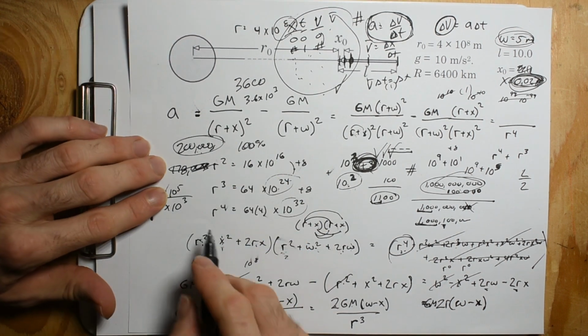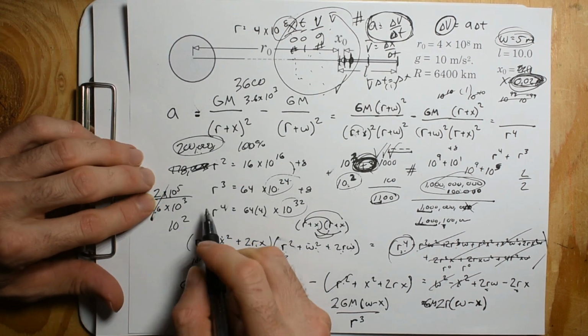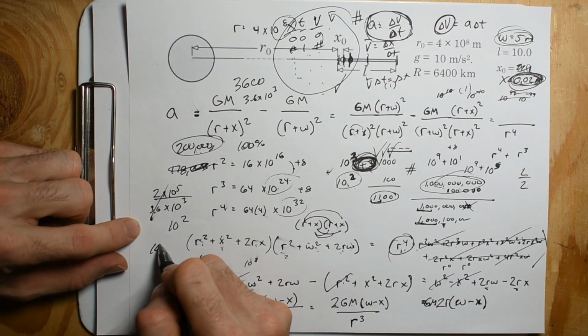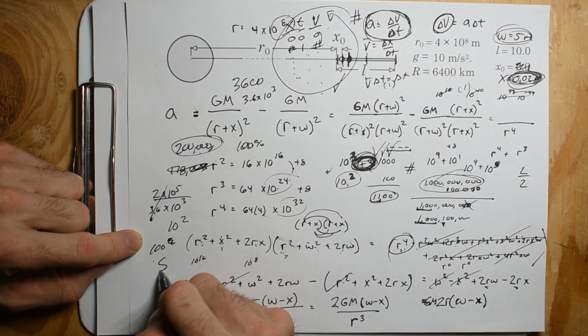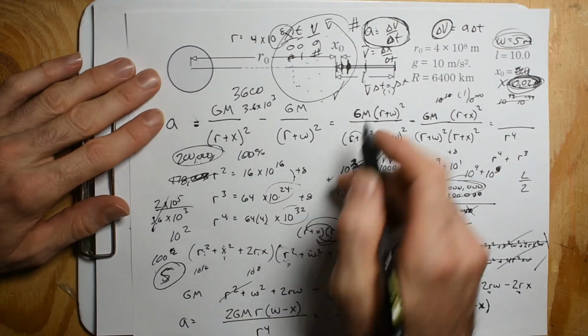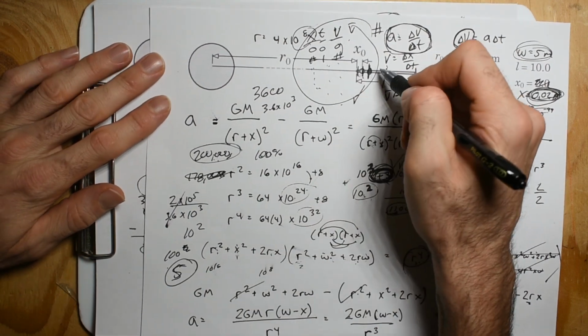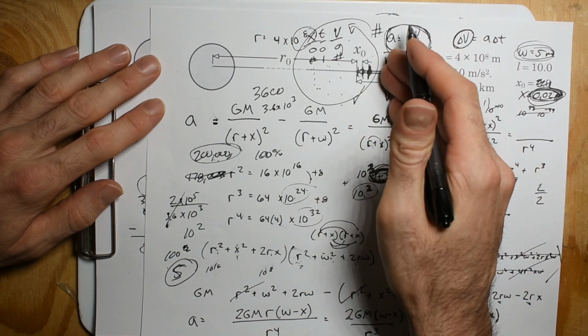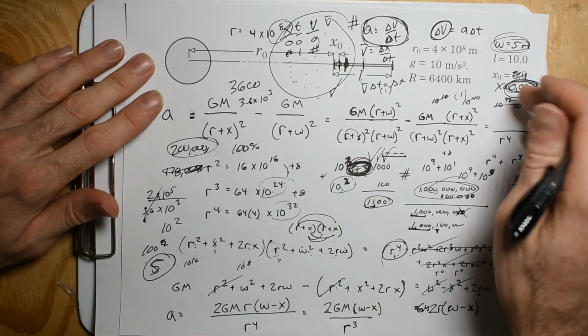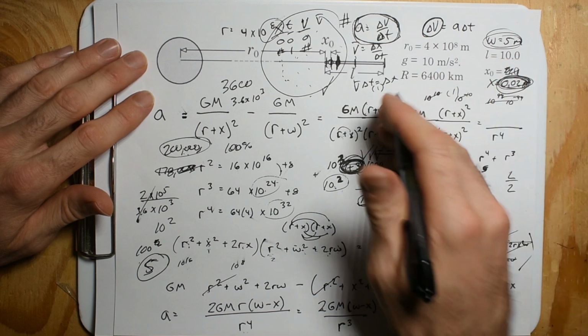Dividing these, that's basically 1, and we're going to have 10 to the 2. So we're going to have 100 hours. That's 100 hours, 24 hours a day, about 5 days. So if this bead is 2 meters away from the end, it's going to take 5 days. If it's 2 centimeters away, it's going to take 7 hours.